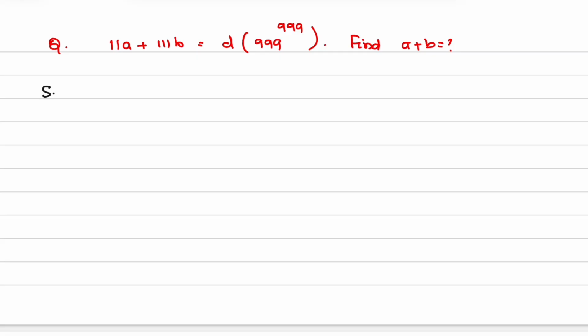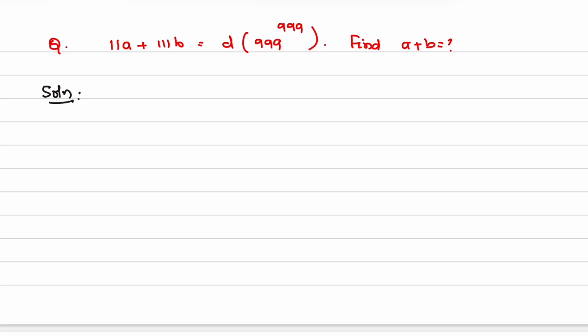Solution. If you see 11a plus 111b, 11 is not a factor of both; 111 cannot be divided by 11.